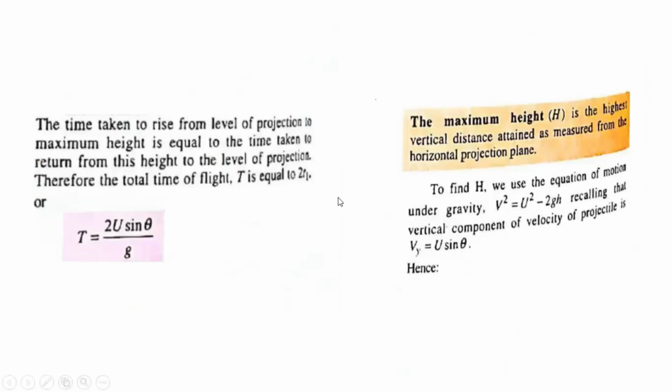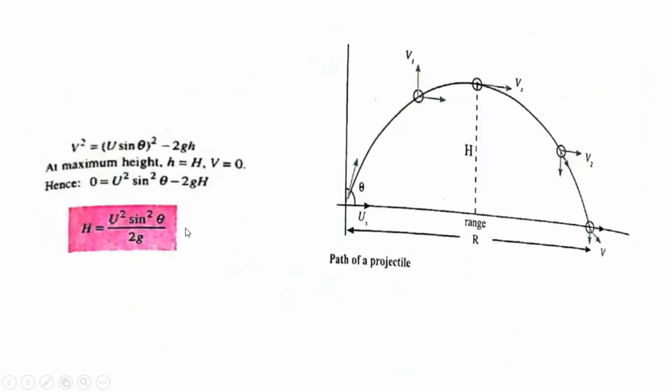Okay, so we've explained this, then we've explained this. Please note that for the vertical component, vy is equal to u sine theta. Then the time of flight is equal to 2u sine theta over g. Now for the height, remember v square is equal to u square minus 2gh.